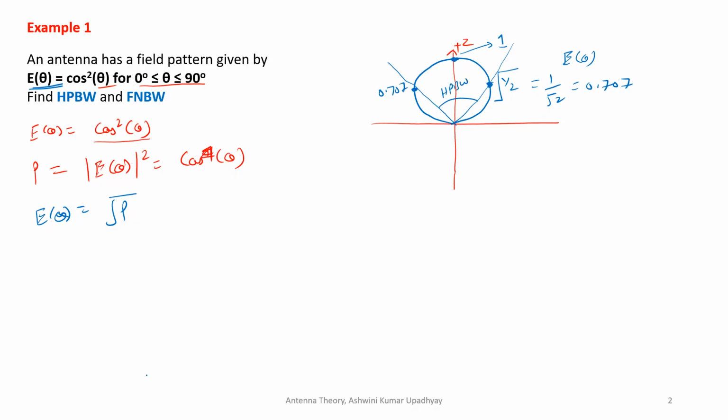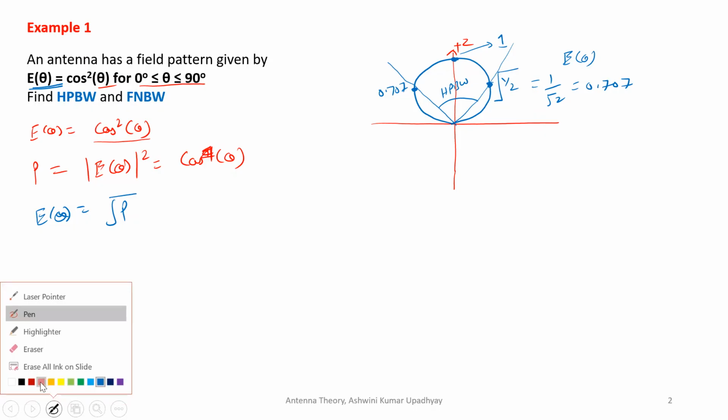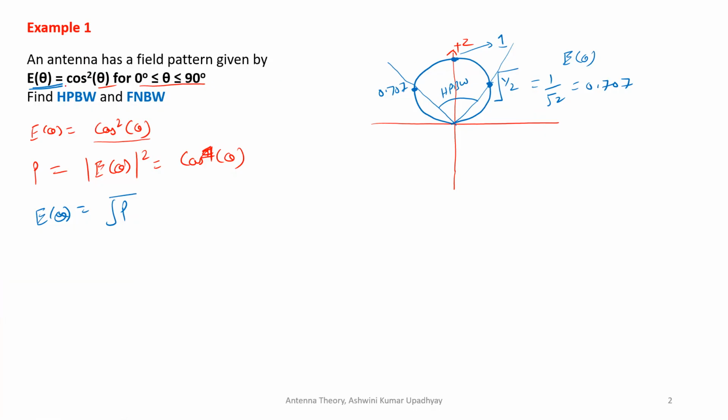Since we have the expression for E field, which is moving in this direction, if you change theta from 0 to 90 degree, whatever angle we calculate will be given by only this angle. Let me call it theta dash. So at theta dash, the expression of E theta is going to have a value equal to 0.707.